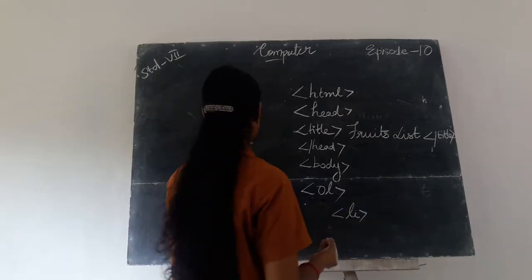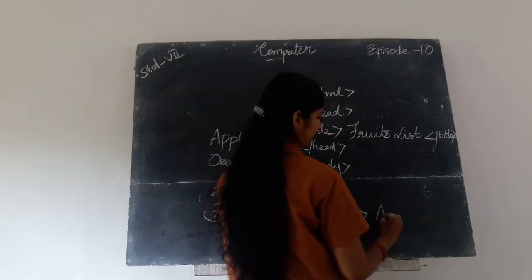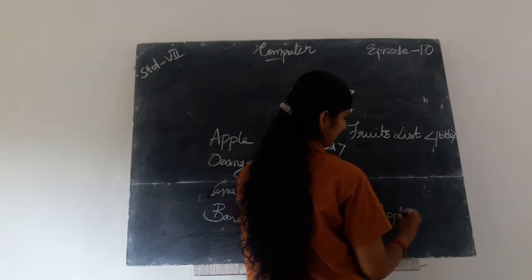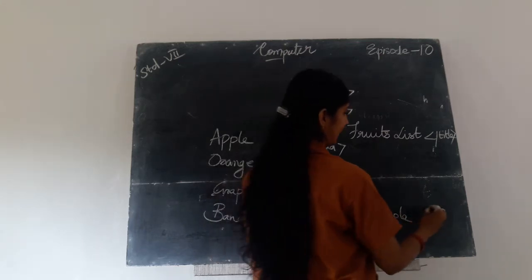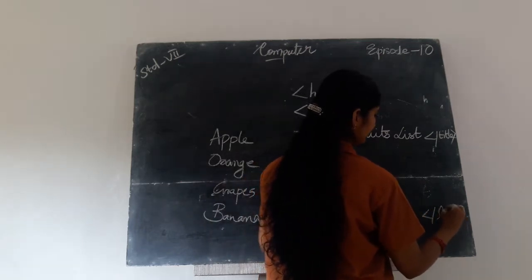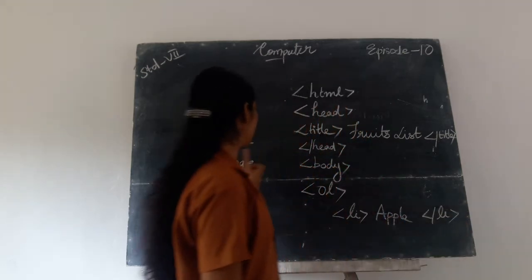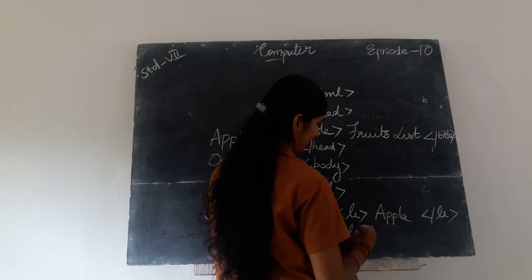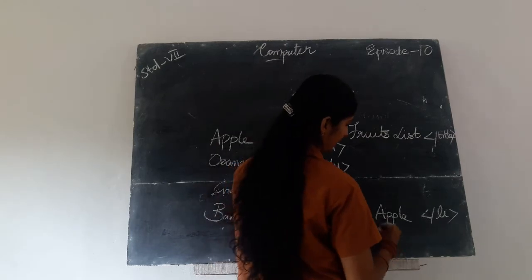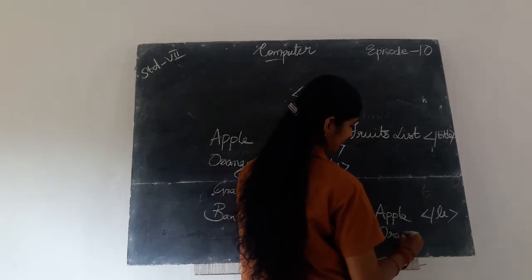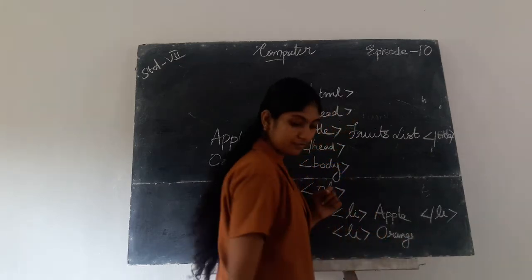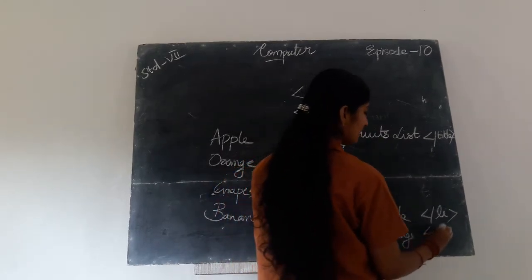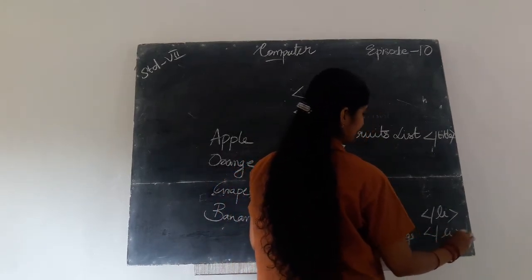LI, the first item is what? Apple. Then close the LI tag. So the second item is what? Orange. So open LI, then orange. Then close the LI.